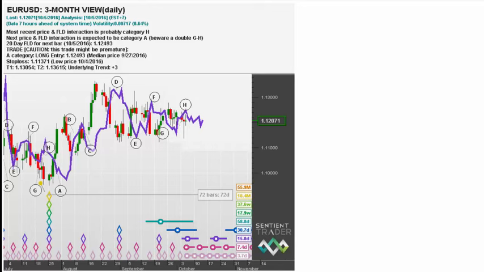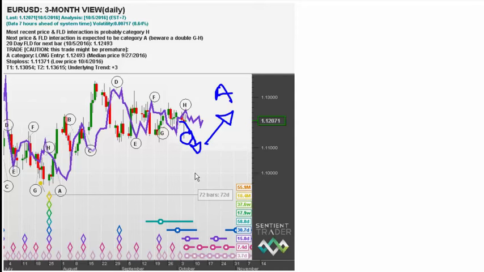What we need to be looking for now, of course, is that price will come down into the 80-day cycle trough, and then we'd be looking at an A category interaction for a long trade out of that 80-day cycle trough. We should perhaps bear in mind that the 80-day cycle trough might have occurred on, that was Monday, I think. No, it was yesterday, on Tuesday.